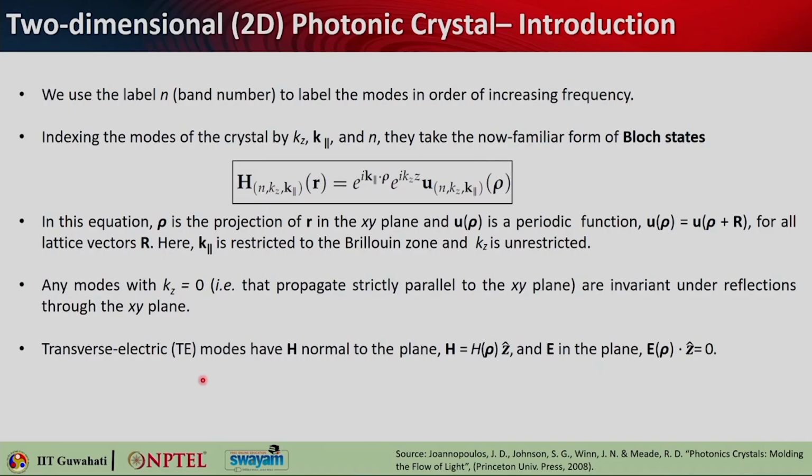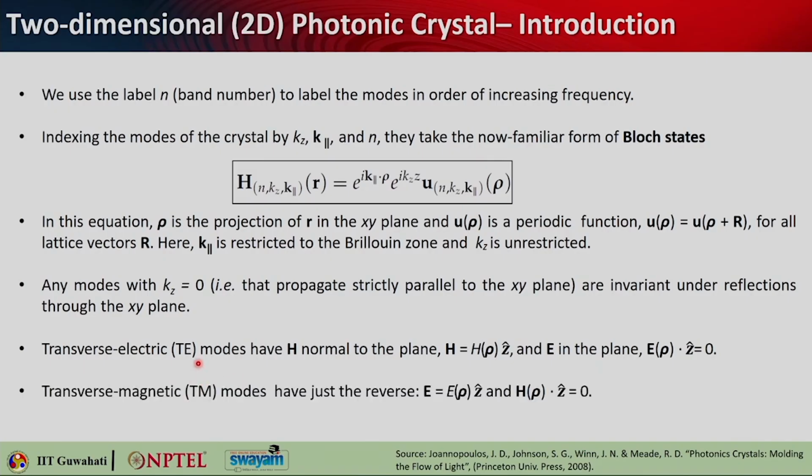So, now let us actually look into the TE and TM modes separately. Now, transverse electric modes. I believe everybody knows what TE and TM modes are. So, here the electric field is perpendicular to the propagating direction, okay. So, TE modes have H normal to the plane, okay.